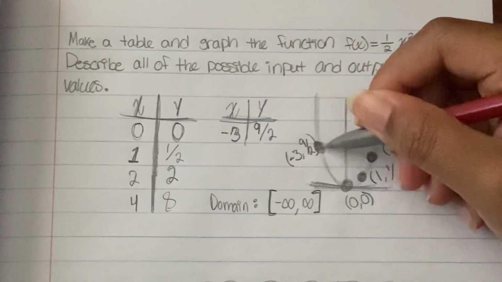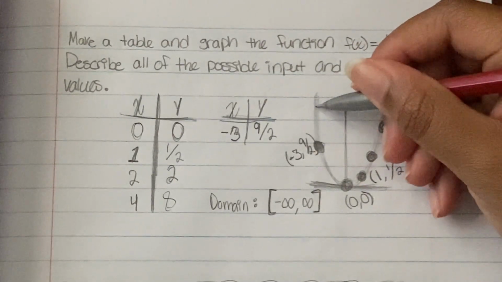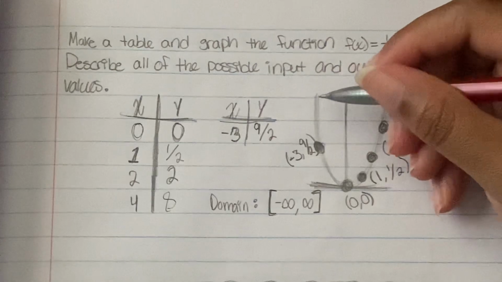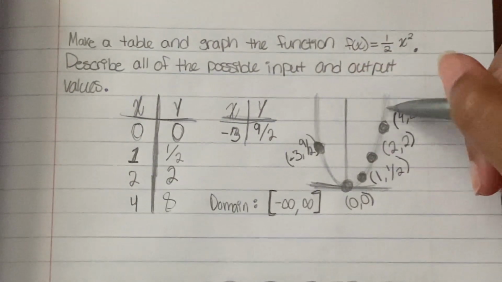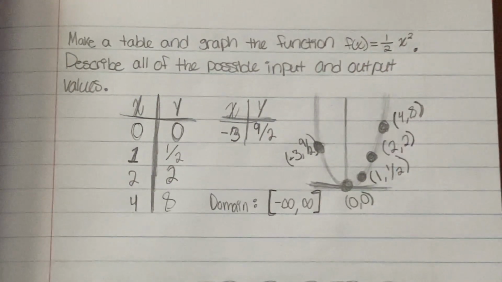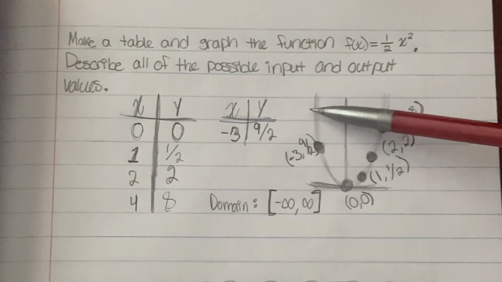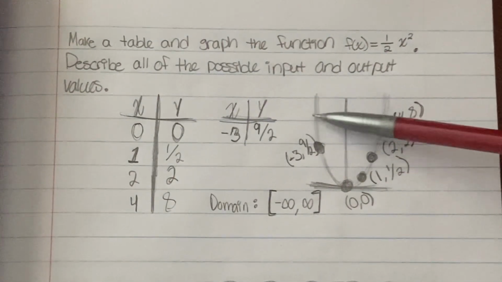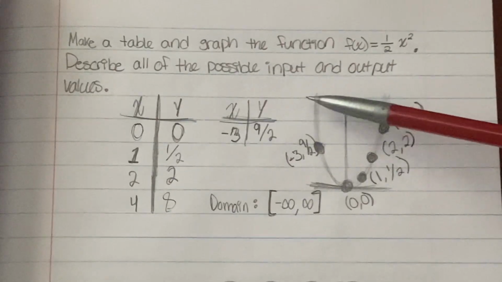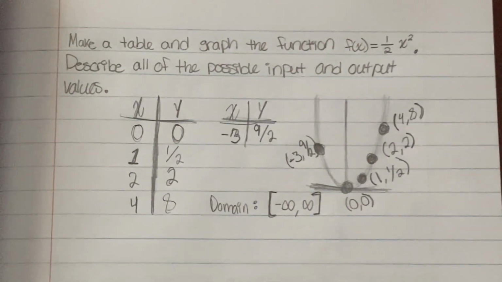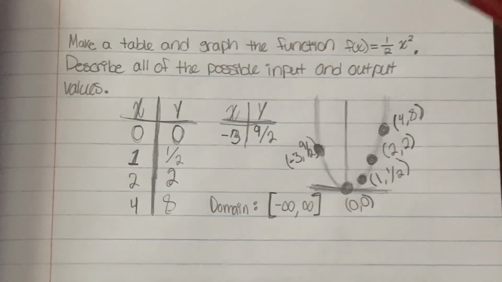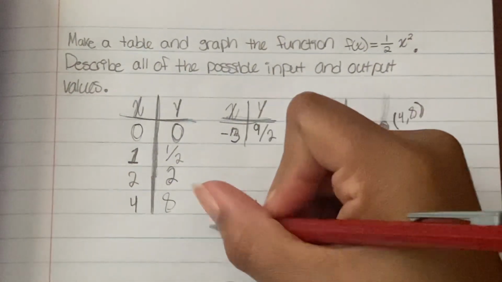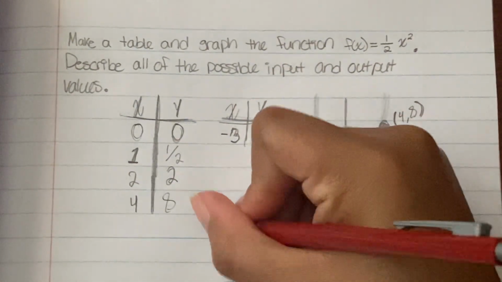This line is still curved even right here, but because it's moving so slightly to the left and right on both of these sides, that's why it looks like it's going straight up, but it is not. So that's why the domain, we can't put a limit on it. It could be negative infinity to infinity. They didn't tell us about any holes, so that should just be fine for domain.